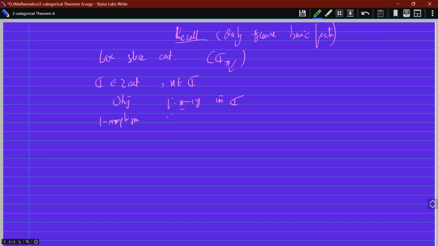So let's consider two objects. A one-morphism consists of a morphism, let me call this H, from Y to X, with a two-morphism.